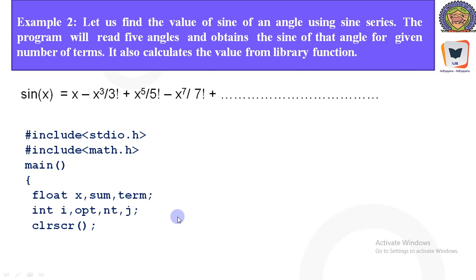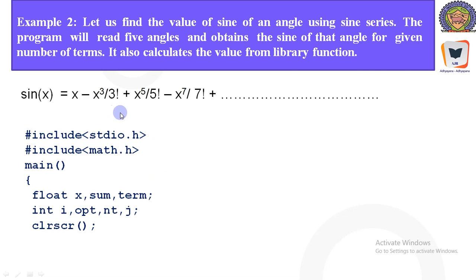Okay, here is a ready-made program that is available. Float x. x means the angle. Sum means to sum up the series. The answer is contained in this particular sum. Term is the individual term. Therefore, term will involve the angle value raised to odd power divided by odd factorial, depending on the number of terms.